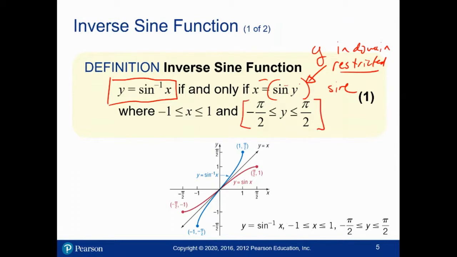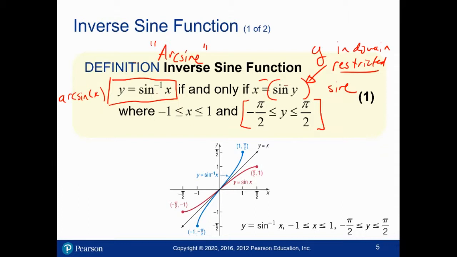And then we have an invertible function, and we define the inverse sine function, also called the arc sine function. That tends to be how I say it, arc sine. It may also be written with this exponent of -1, which we have gotten used to as an inverse function. It's sometimes written as arc sine of x.